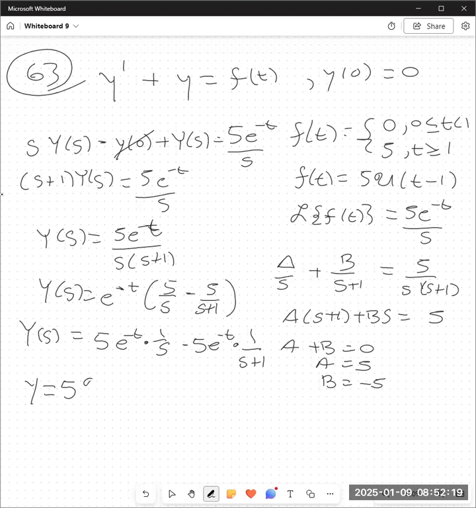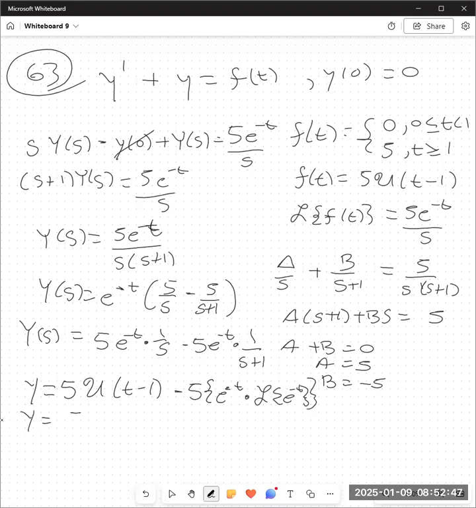So my y equals 5 times the unit step function of t minus 1, minus 5 times e to the negative s times the Laplace transform of e to the negative t.